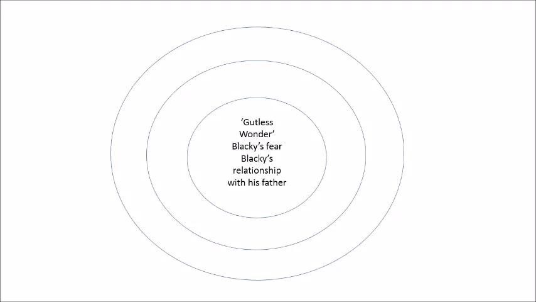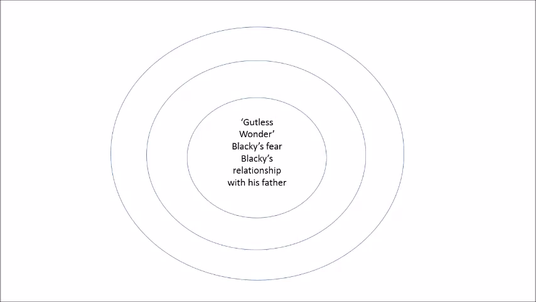So our goal, therefore, in order to put together an analysis, is to fill in the other two circles and link it all together. Now, you notice in this question it talks a lot about Blackie, Blackie's fear, Blackie's relationship with his father, everything along that line. We get a real sense from this that Blackie is a really key part in whatever message is actually trying to be communicated here.